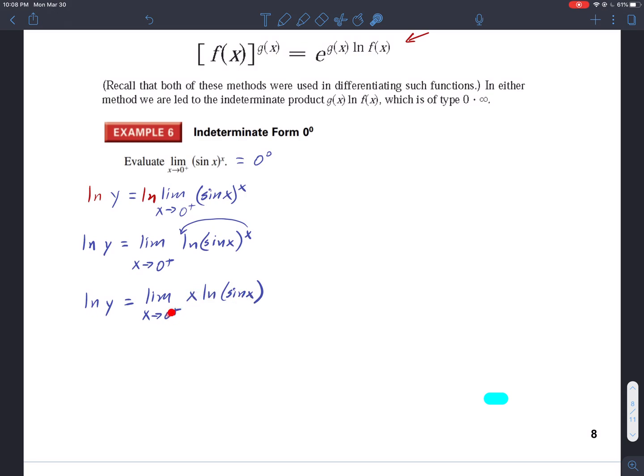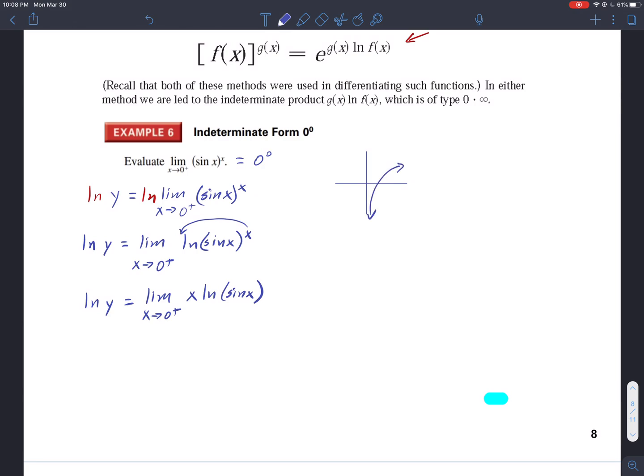and notice we're letting it approach 0 from the right. So natural log of a sine of 0 is 0, but if it's from the right, it's a really, really small number close to 0, which is technically negative infinity, right? Again, the natural log function graphs like this.